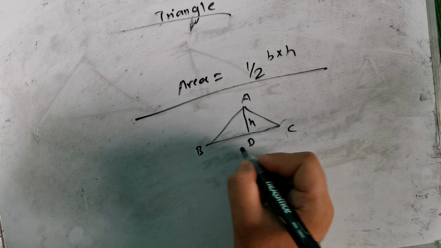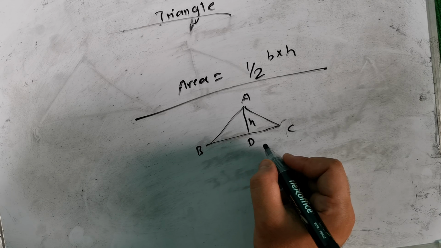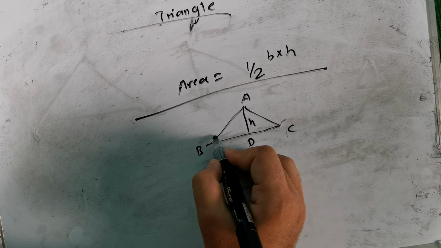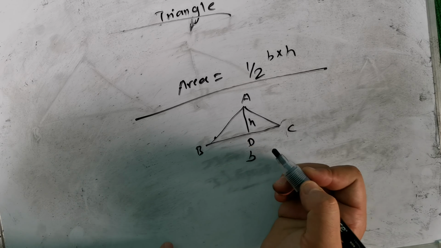AD is the height and BC is the base. So the area of this triangle is 1 by 2 AD into BC. I think you know about this.